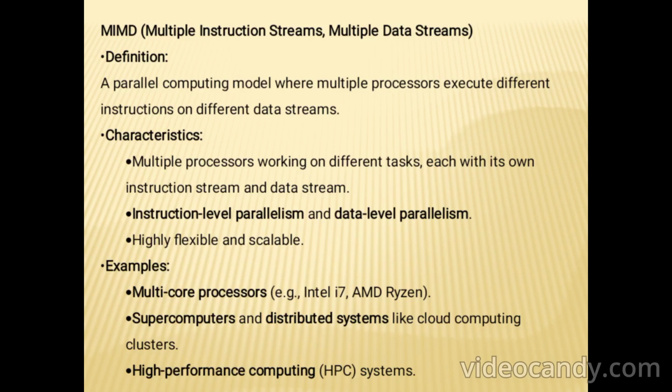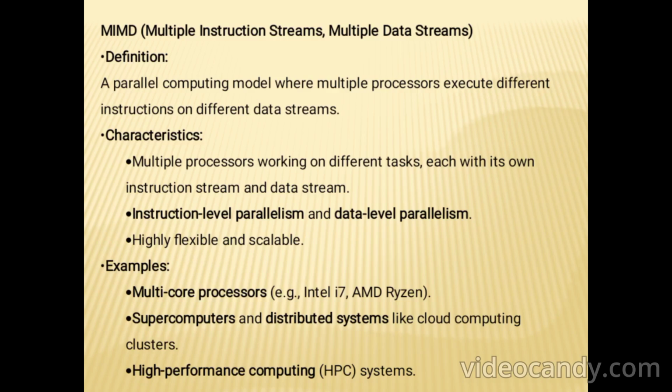This is what happens in multi-core CPUs, where each core can handle different instructions and data simultaneously. For example, your phone's processor or a supercomputer might use this type of system. So MIMD enables today's powerful parallel computing systems, from high-end servers to cloud computing.